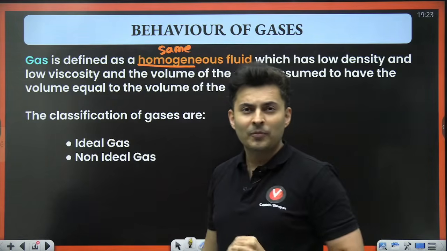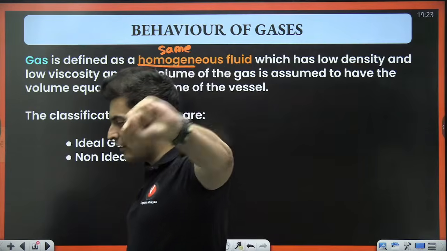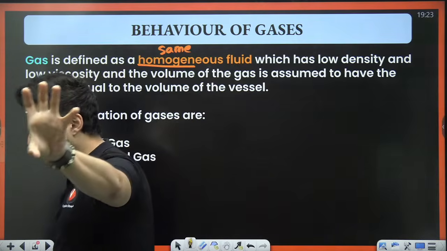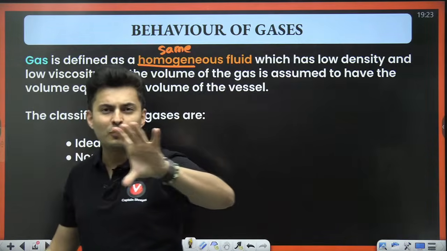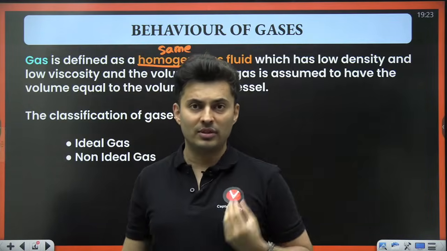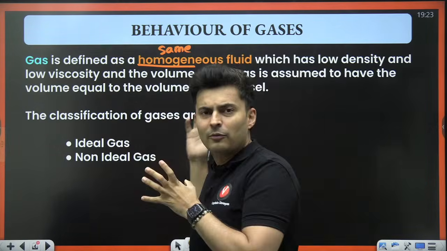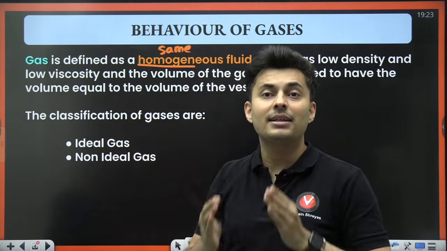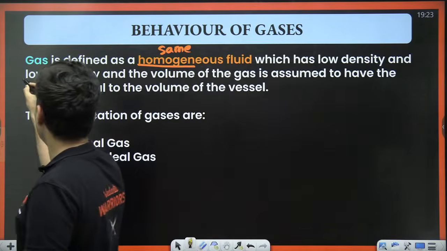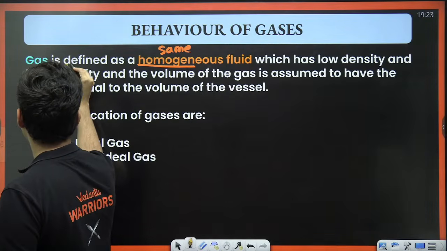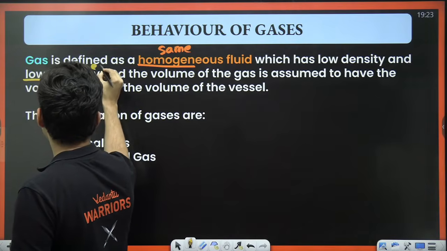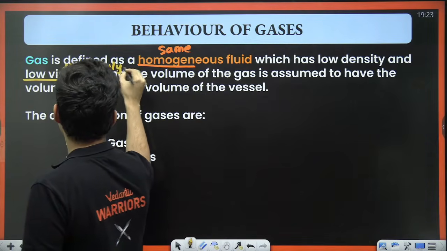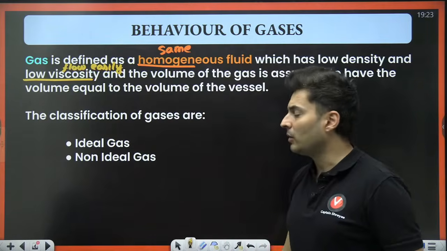Yes, tar, honey, sauce. Have you poured sauce from a bottle? Have you poured honey from a bottle? You will see that it flows very slowly. That is viscous. Gas can flow very easily. That's why it is less viscous. So low viscosity means it can basically flow easily. That's the meaning of that.